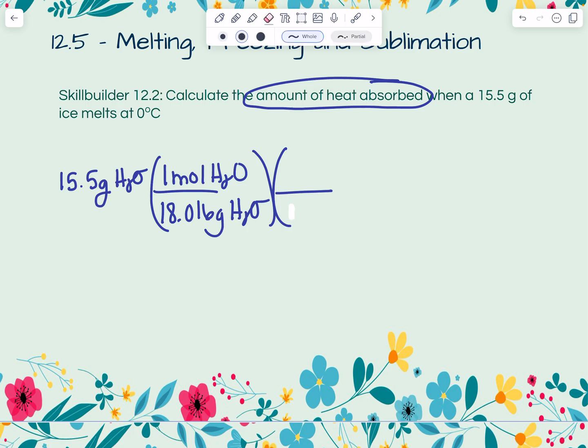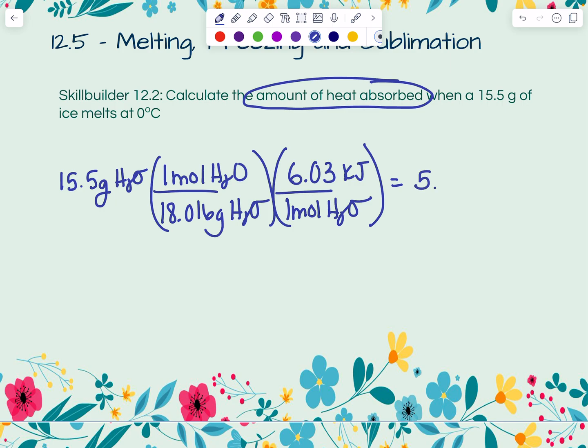And 1 mole of water has a delta H of fusion of 6.03 kilojoules of energy. So how much energy will need to be absorbed by the water when it melts? That comes out to 3 significant figures, 5.19 kilojoules of energy.